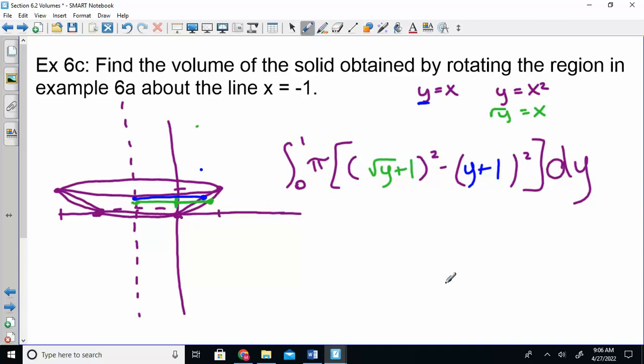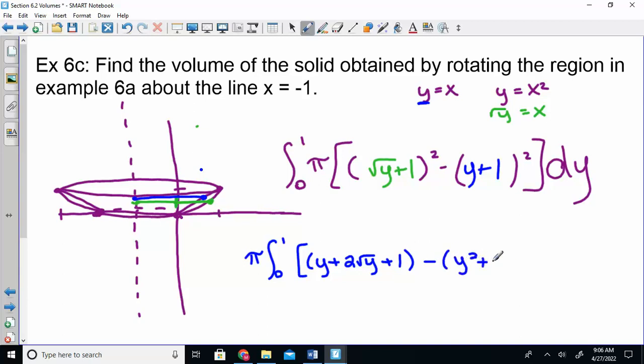So now we can clean this up and start integrating. So I'll take out my pi. To square this, you have to think about writing it twice and FOILing. So square root of y times the square root of y would be y. Plus the square root of y plus the square root of y is 2 square root of y, plus 1.